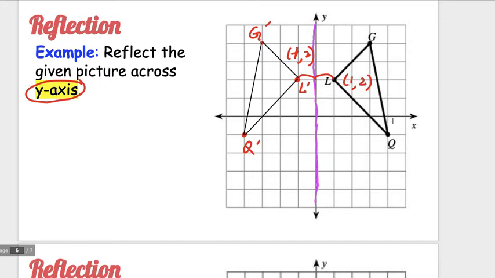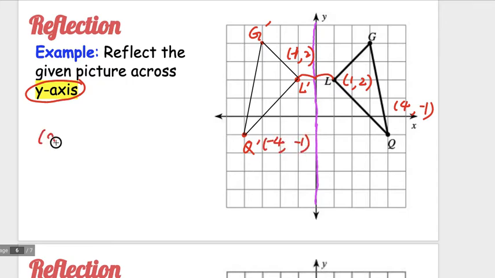So let's use another point to prove this conclusion. For Q, 1, 2, 3, 4. So it's 4 and -1. This is for Q, and same thing here: 1, 2, 3, 4. But this is on the negative side, -4, and the y stays the same, -1.